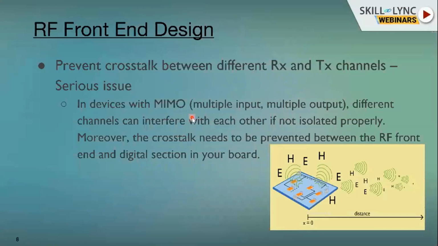This is the second challenge we will see, when you have this terminology called multiple input and multiple output. It means that you are transmitting the signal to multiple receivers, and at the same time you are receiving the signal from multiple transmitters.